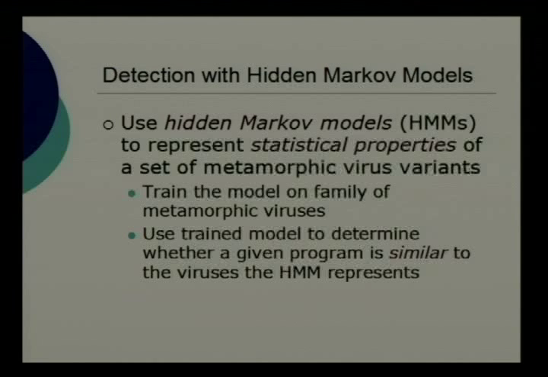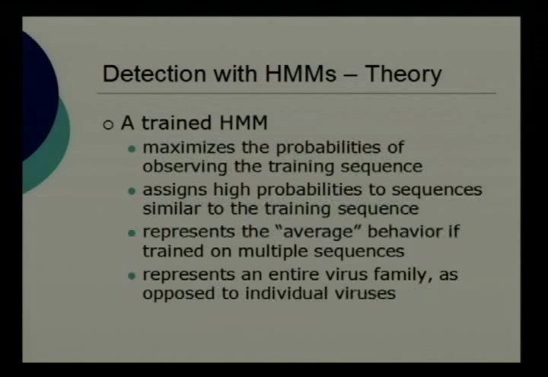We use hidden Markov models to represent the statistical property of a set of metamorphic viruses. So we train the model with one family of viruses, and then use the trained model to determine whether any given program is similar to the training viruses. The good thing about a hidden Markov model is that a trained model would maximize the probability of seeing the training sequence.